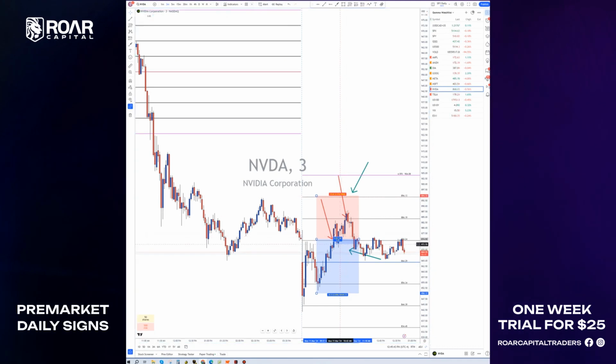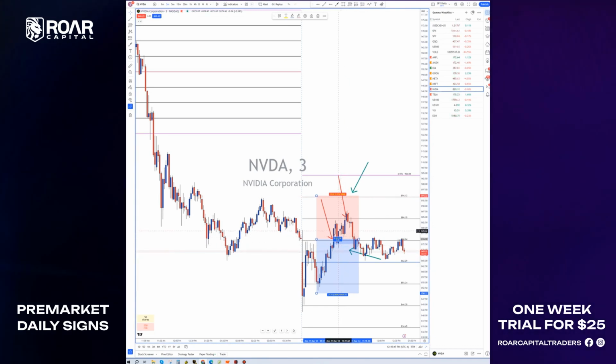So if I was risking, in this case, $1,000 on NVIDIA, I would do 50 shares here, okay? And if I wanted to risk $2,000 on this trade, I would have taken on the other short here with my stop still up here, and I would have done 87 shares there.